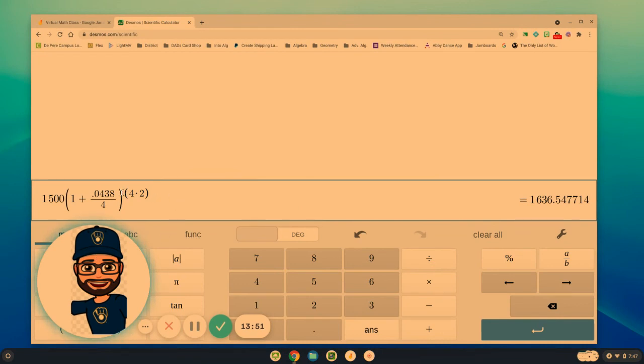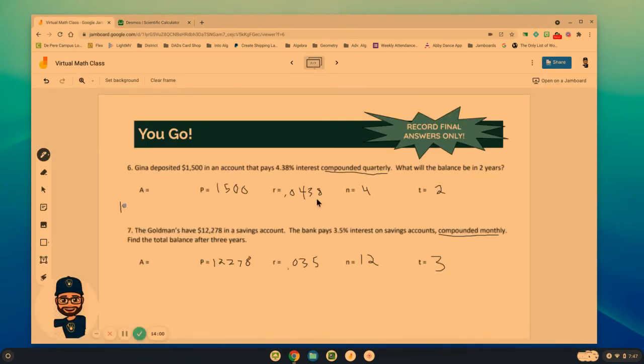Right? Don't forget, you've got to multiply that. You maybe would have seen that it was 8. So we get 1636.55 for Gina.